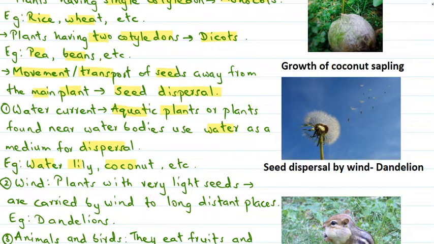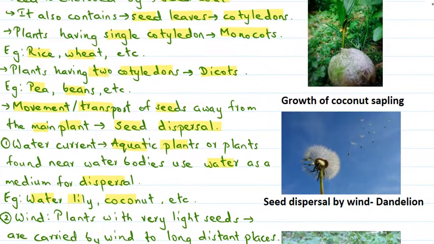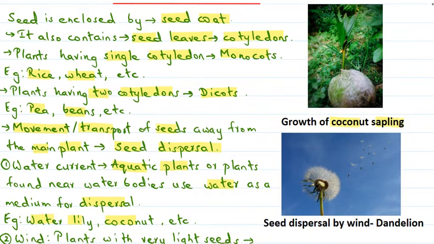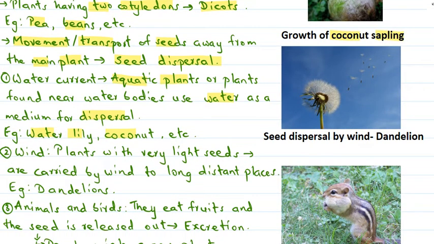Here we can see the growth of a coconut sapling. This water current helps the seeds of such plants to get dispersed.